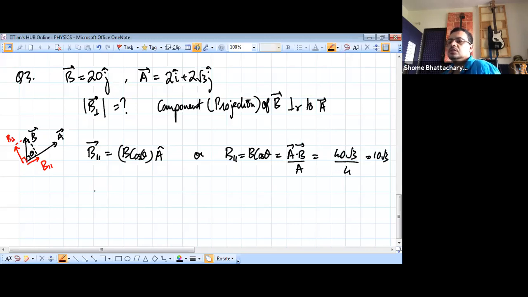Okay, now we can use the relation that B parallel plus B perpendicular is equal to the vector B. So magnitude wise, since these two are perpendicular to each other, B's magnitude should be equal to square root of B parallel square plus B perpendicular square.